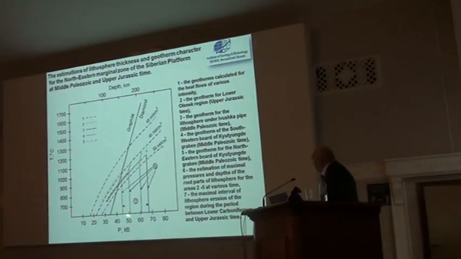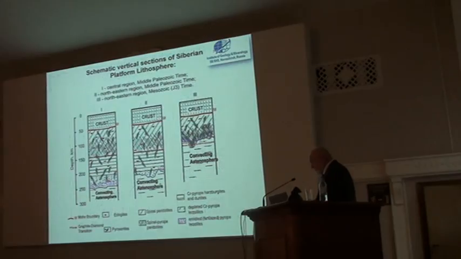And for Mesozoic time, they have heat flow about 41-42 milliwatts per square meter, and thickness of lithosphere was not more than 150 kilometers. So they have a significant decrease of thickness, not less than 80 kilometers. It is shown here. Okay.